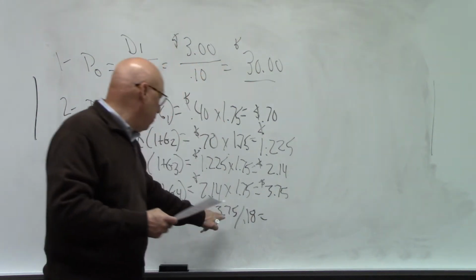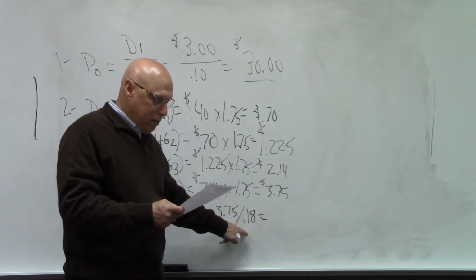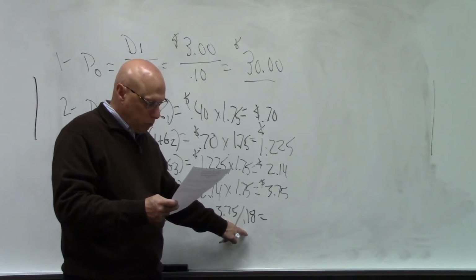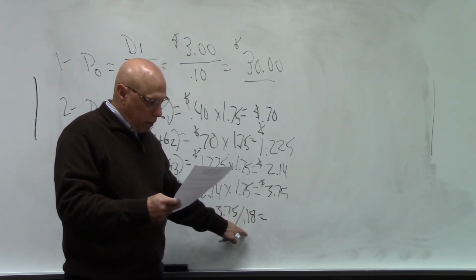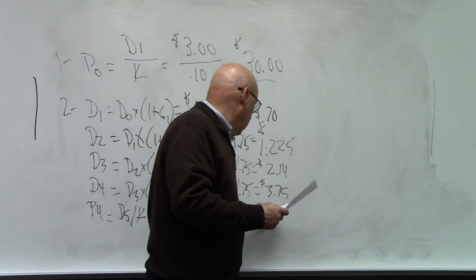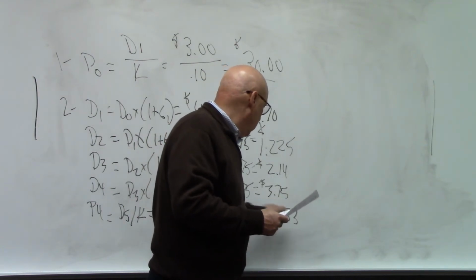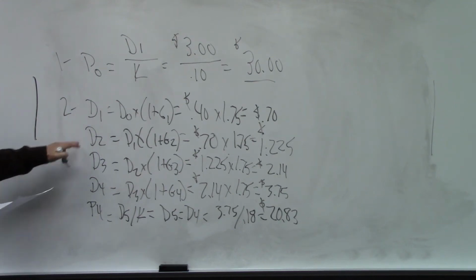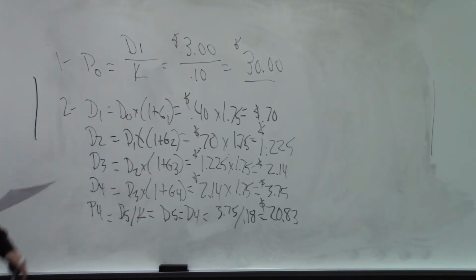So 3.75 divided by 18% is $20.83. There's our terminal value. So we have D1, D2, D3, D4, and P4.